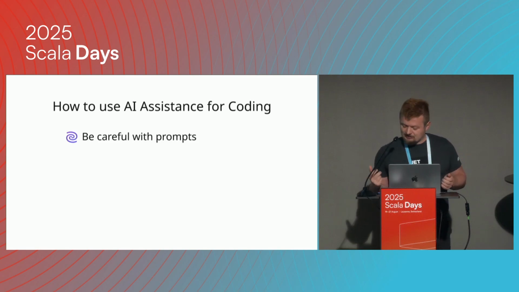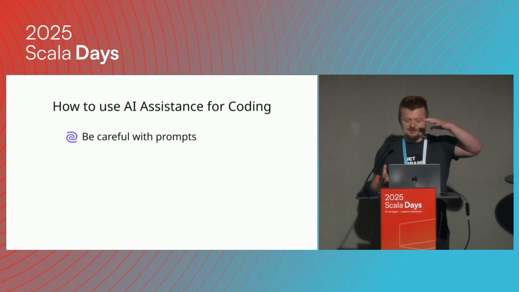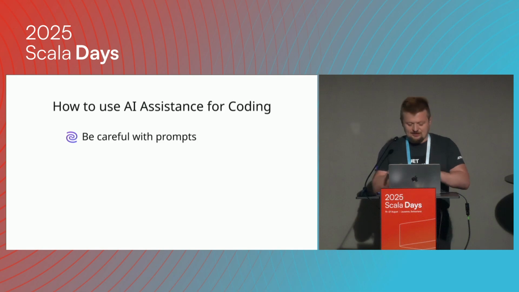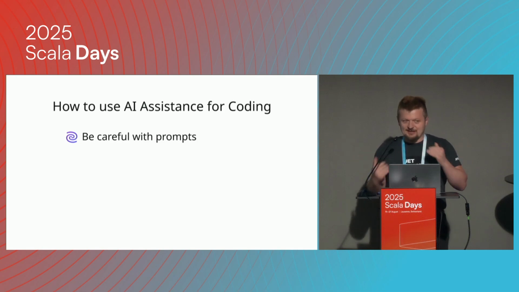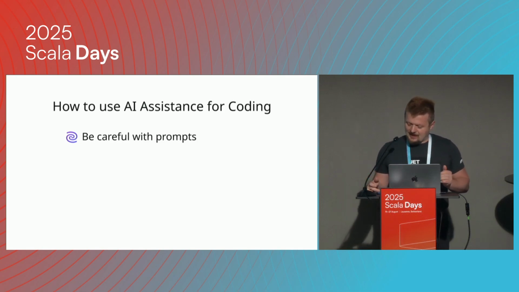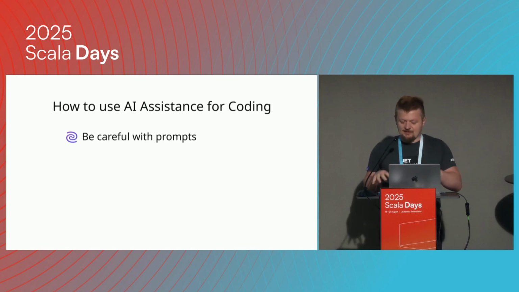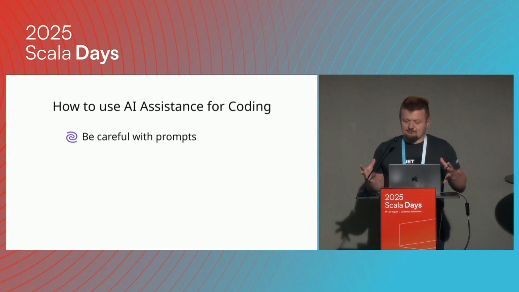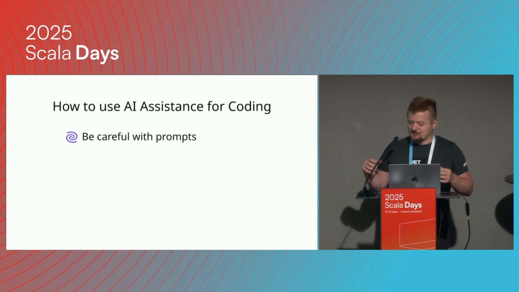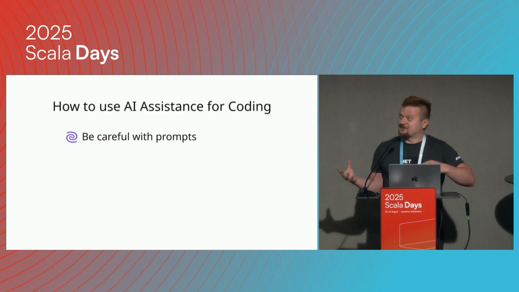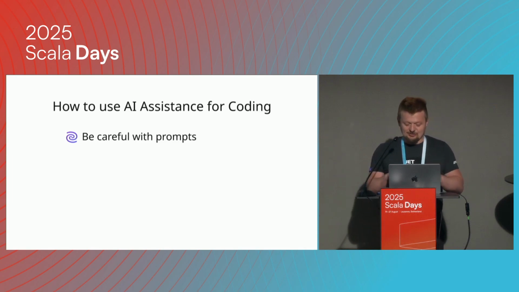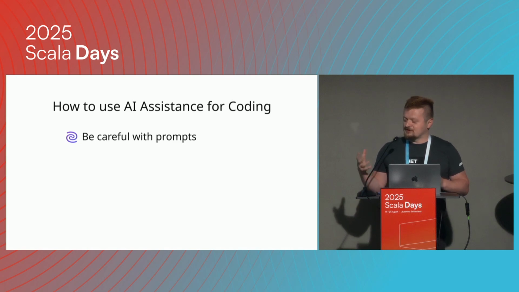Yeah, I would like to tell something about how to use AI tooling, AI assistants for coding. First of all, be careful about the prompts. Try to make them precise, and if there's one big prompt you would like to write because you try to be precise, then try to split it into a few. Thanks to this, because we are thinking about the prompts, the LLM starts to become something else, not only an AI assistant or Junie that helps you by writing the code, but it can become that decades-old tool, a rubber duck that you talk to.